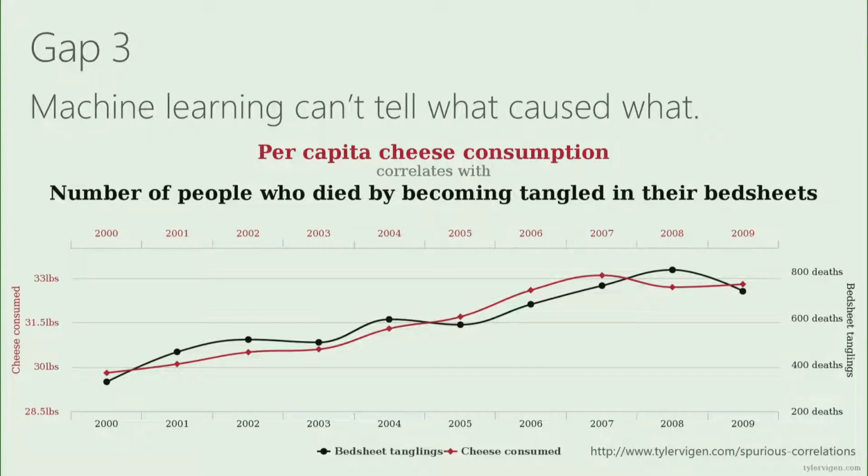Now we look at these and they track pretty closely. I wouldn't be at all surprised to see this in a magazine article, and the caption underneath could read, excessive cheese consumption leads to death by bedsheet strangulation.